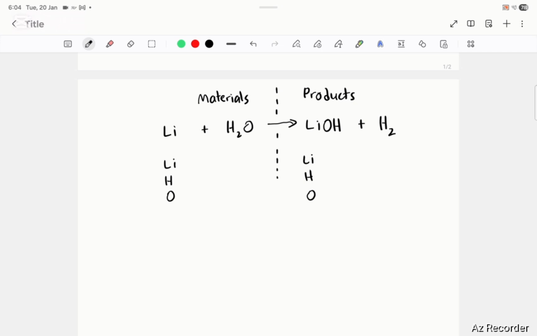So how do we choose which element to start with? Well, the bottom line is you can actually choose either one to start with. It could be lithium first, or we could start with hydrogen, or we could start with oxygen. Because if you did the balancing process properly, all three paths or methods would lead to the same correct answer.